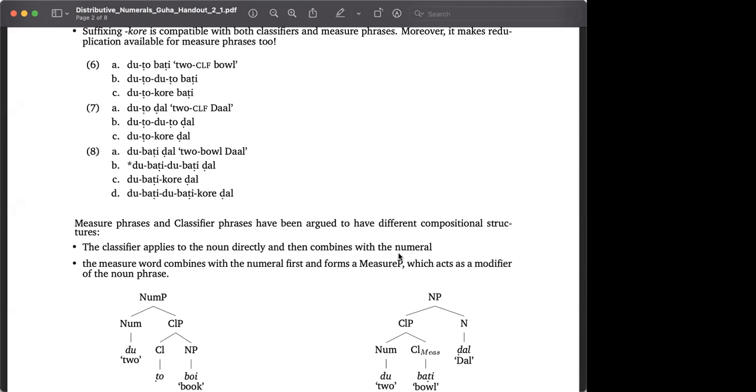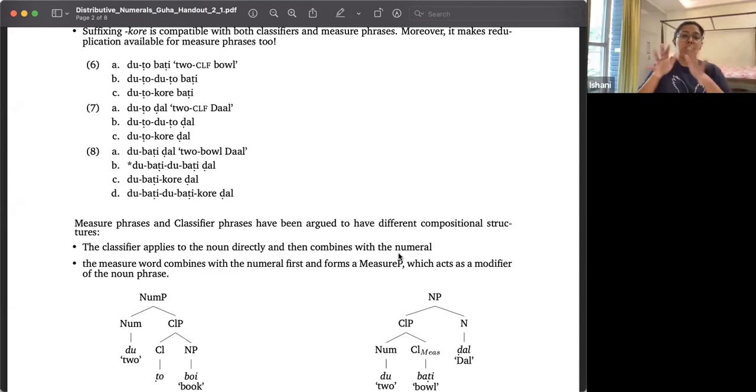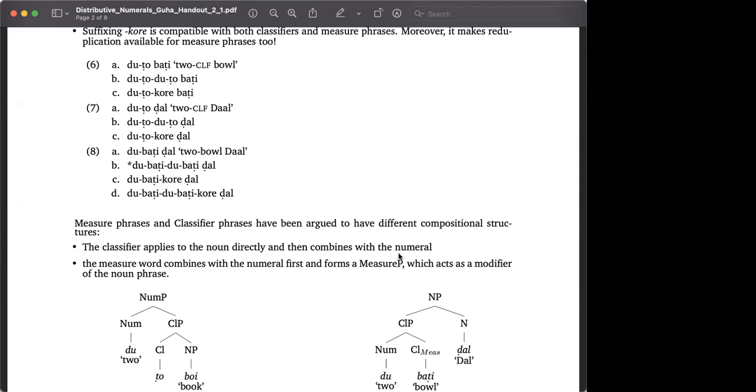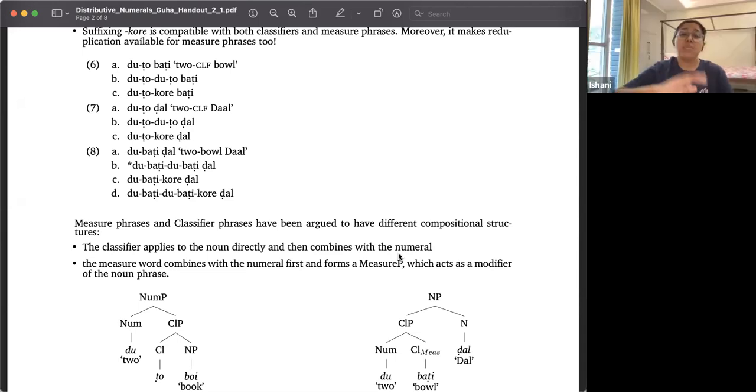So ucher tane book, or ucher shishe bira. So the tane and shishe come in the same place: the classifier and the measure word.